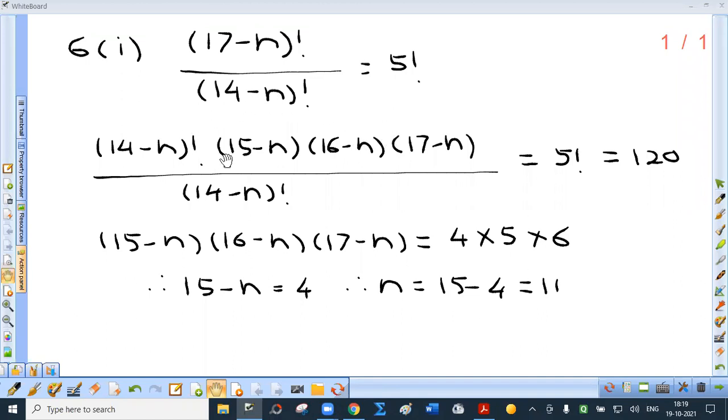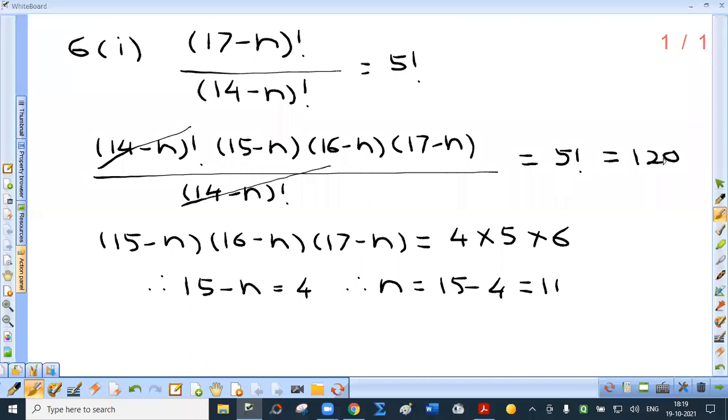Factorial of smaller into, go on adding 1 unless you get greater. So 15 minus n, 16 minus n, 17 minus n. Now this gets cancelled, 14 minus n factorial. Note that n is a natural number, so this is a product. LHS is a product of three consecutive natural numbers.